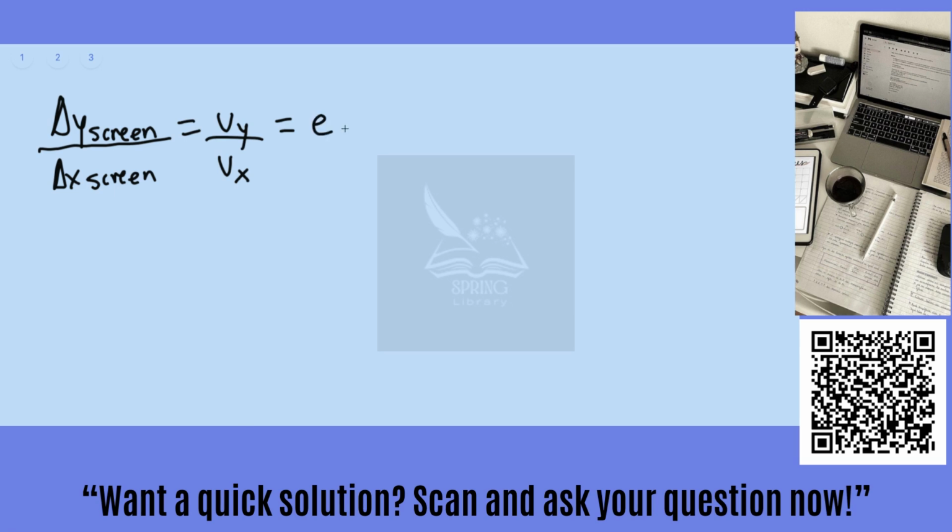This is going to equal the charge of the electron times the magnitude of the electric field times delta x of the field divided by m Vx squared.